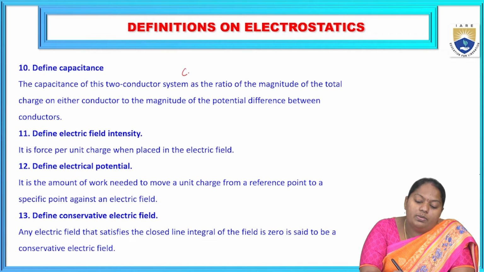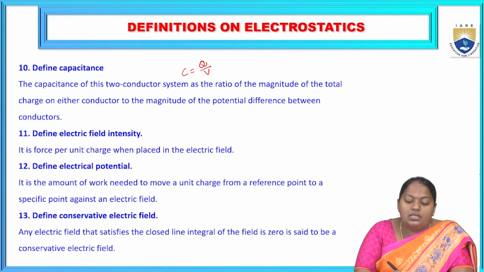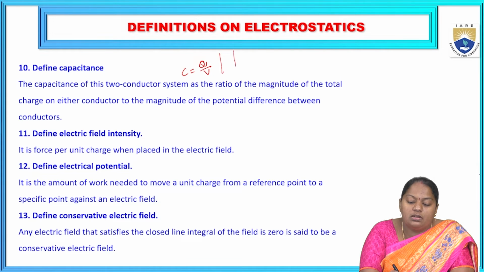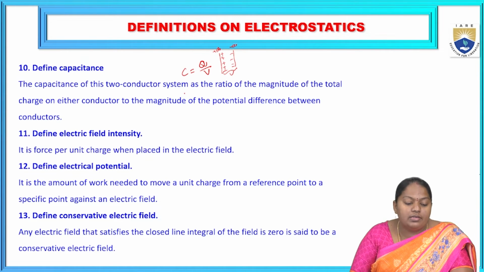Generally it is given by C equal to Q by V. Suppose we have two parallel plates, one carrying positive charge and the other negative charge, with the potential difference between the two given by V and the charges plus Q and minus Q. The capacitance is defined for this two conductor system.